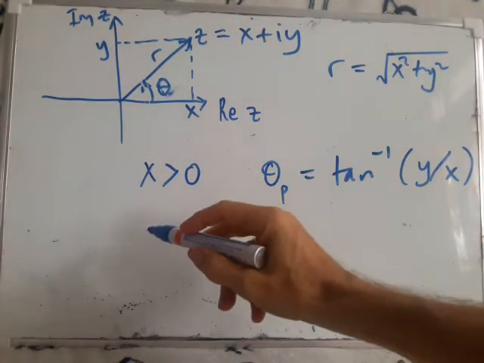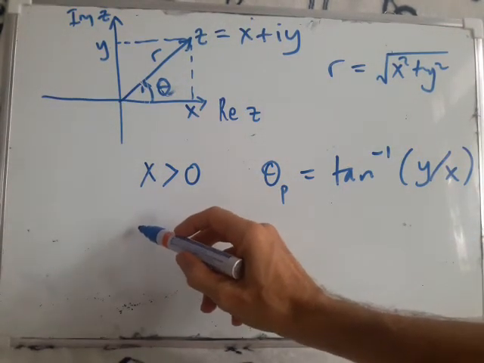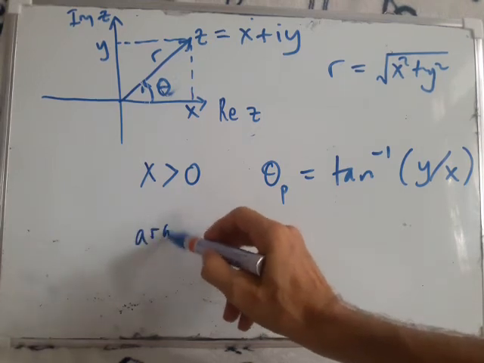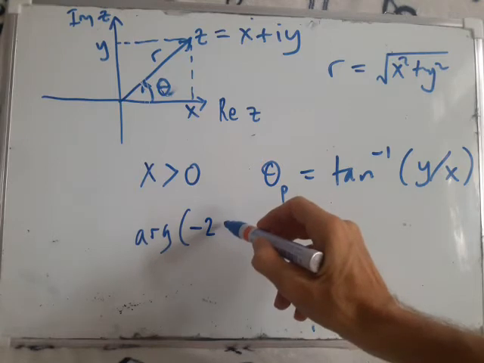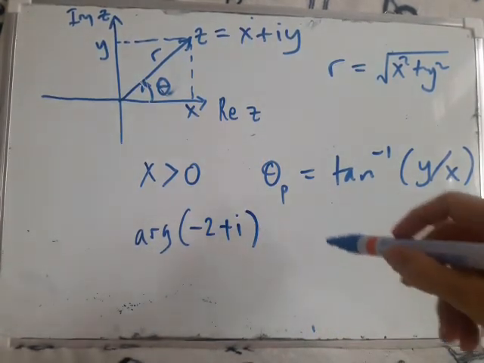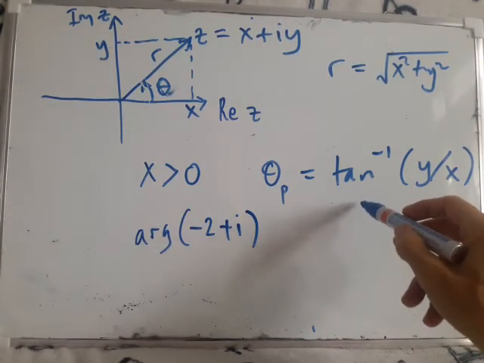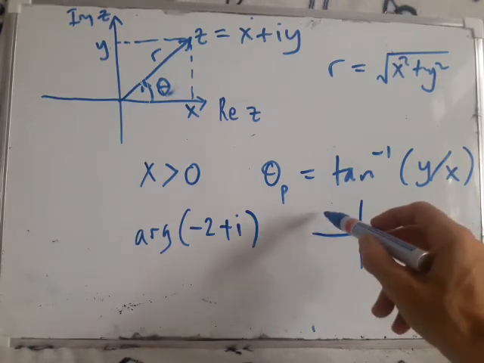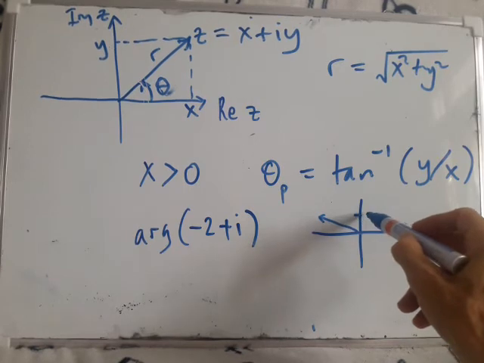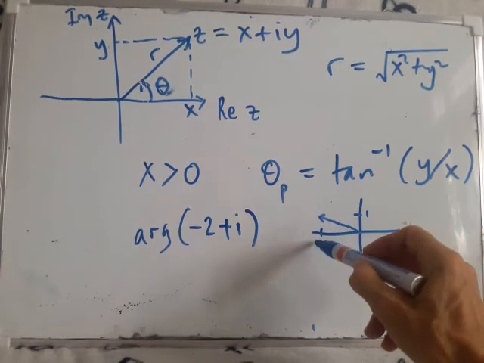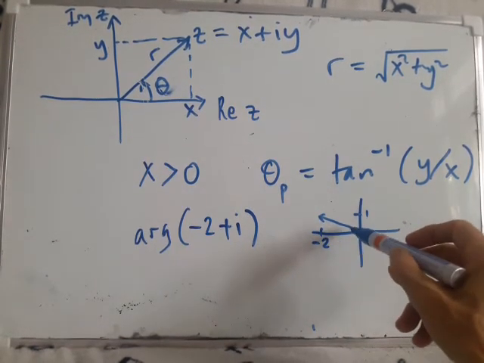So for example, if I say what's the argument of, say, minus 2 plus i, then the safest thing is actually just to draw a diagram. So you've got minus 2 plus i, so that number looks like this. You've got 1 here and you've got minus 2.